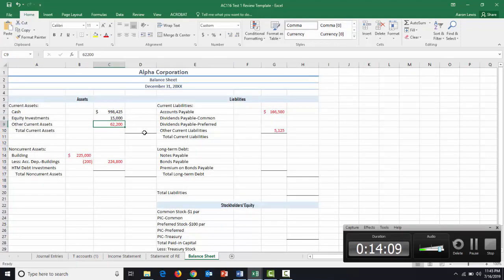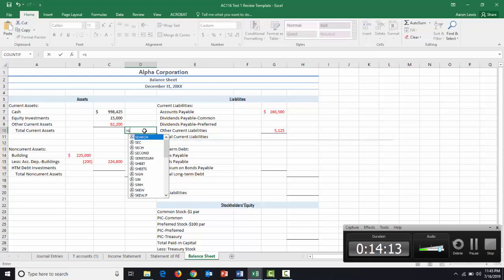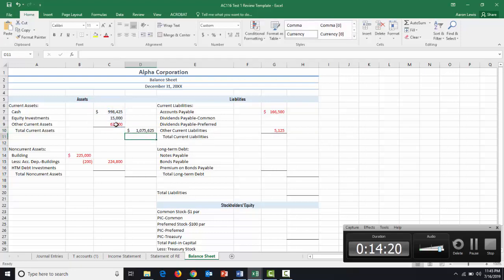The balance of our other current assets was given to us at $62,200. So our total current assets, which goes in the right column, is equal to the sum of these 3 numbers, which is $1,075,625.